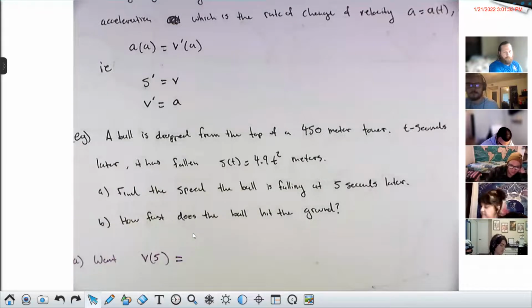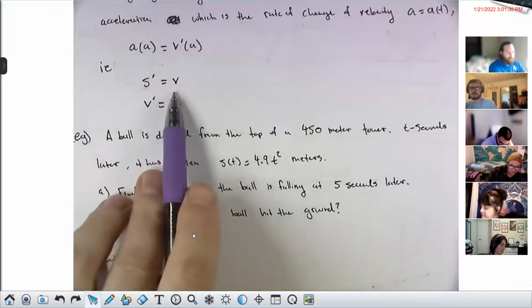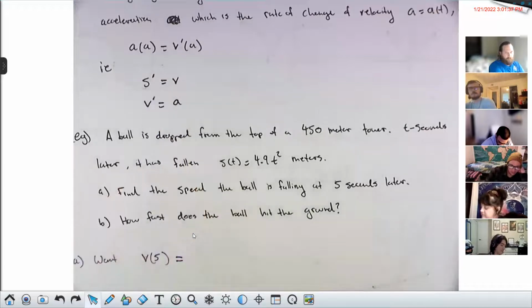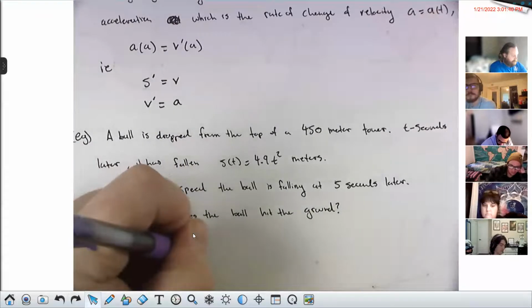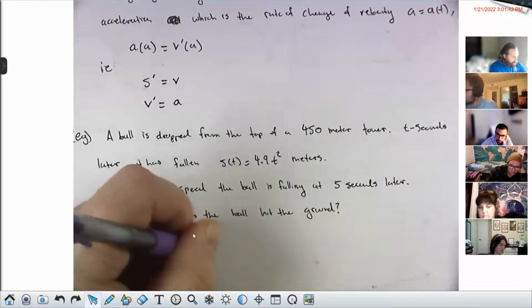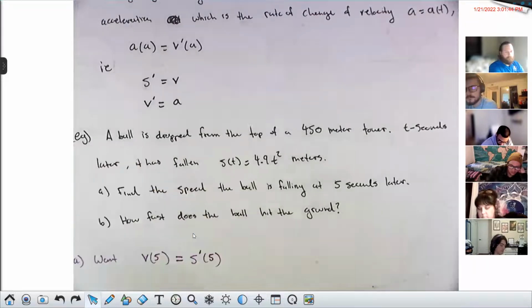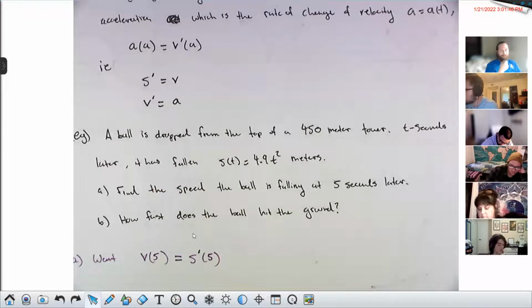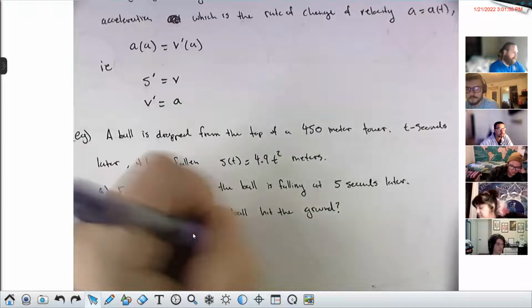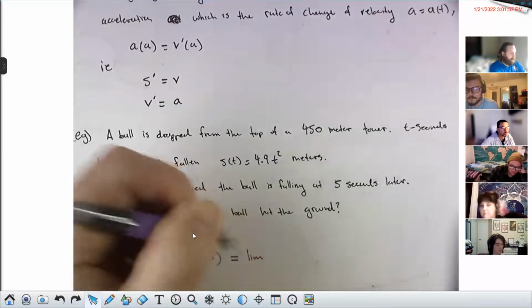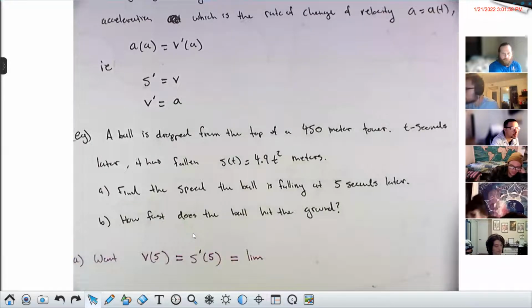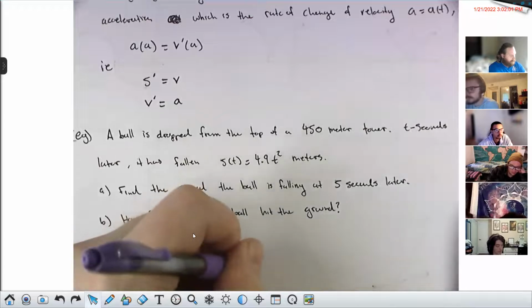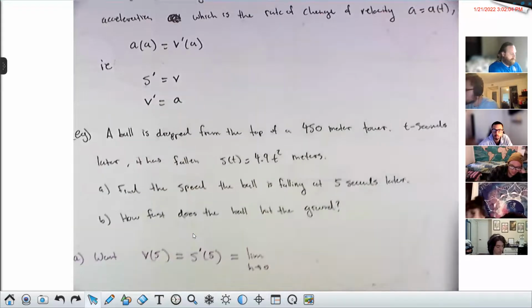And we know that the velocity is the derivative of the position. So this is s primed of 5. Which by definition, and we could use either definition here, the h to 0 or x to a definition, we'll use the h to 0 to get practice with it.